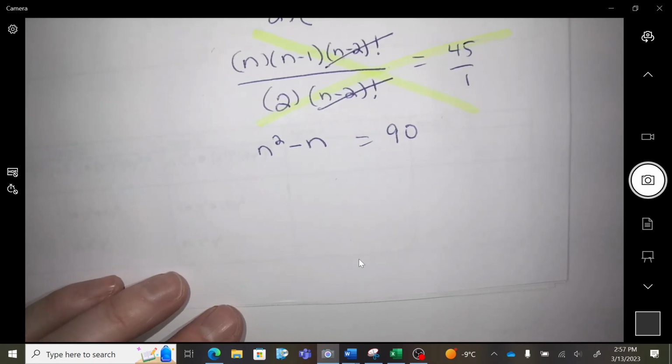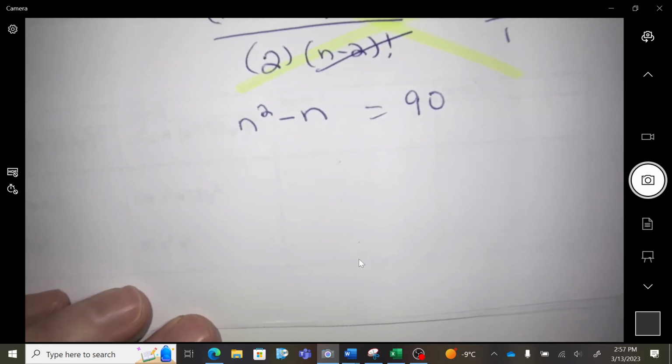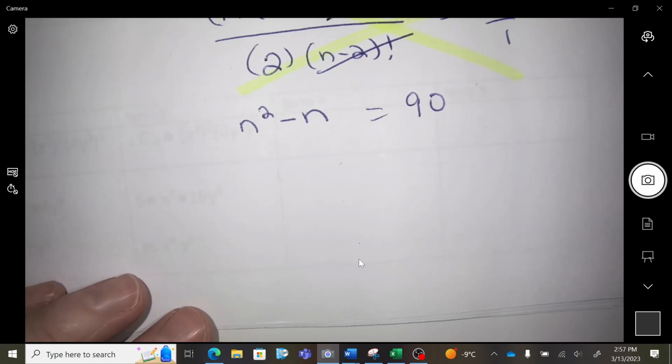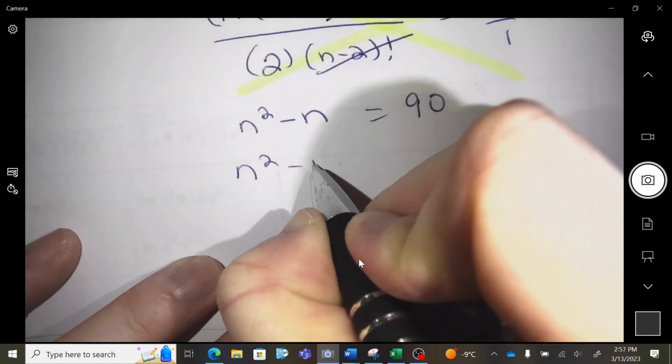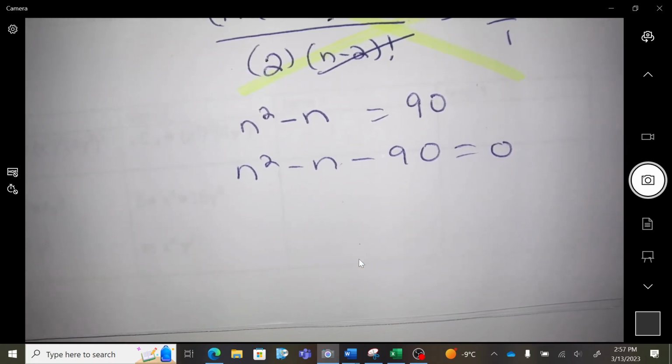Did you learn anything in grade 11? What do you do? Make it equal 0. There's an n squared and an n. If you have two variables, you can't isolate them. Make it equal 0. Then you're going to factor, right?